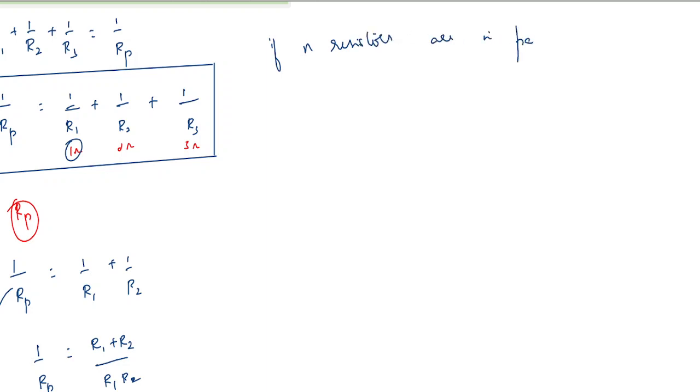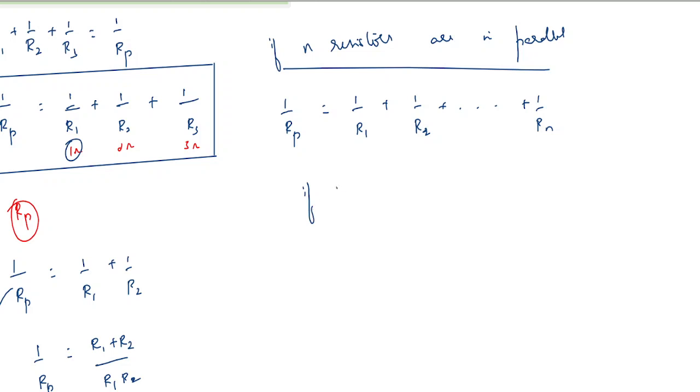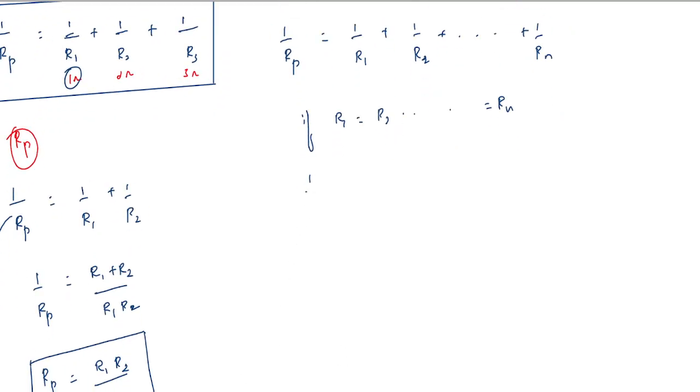If we extend this argument over n resistors, so if n resistors are in parallel, then what we get from here is we get 1 by Rp would be 1 by R1 plus 1 by R2 plus etc. plus 1 by Rn. If R1, R2 etc. is same as Rn, then what we get is we get 1 by Rp will be 1 by R plus 1 by R etc. plus 1 by R, assuming that each value is same.